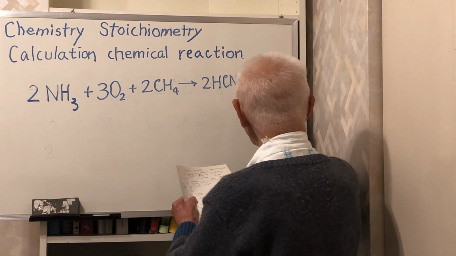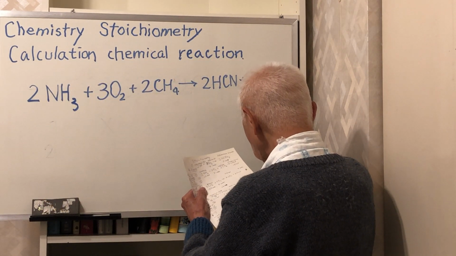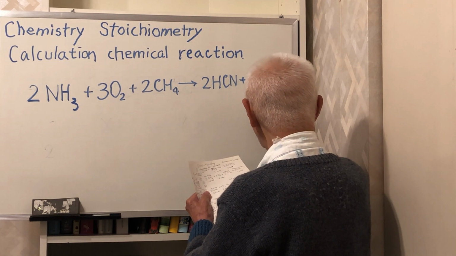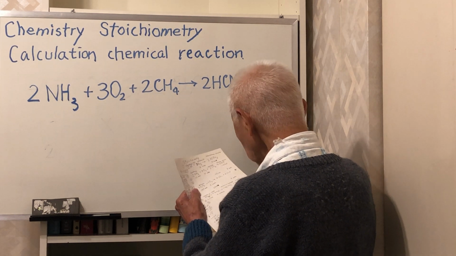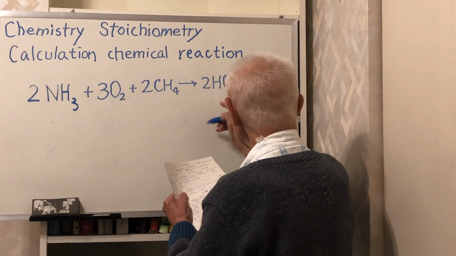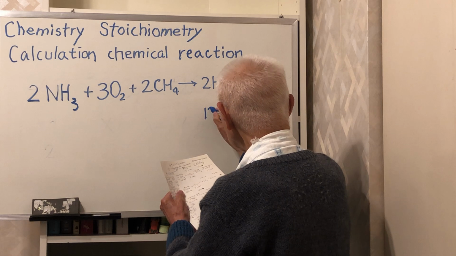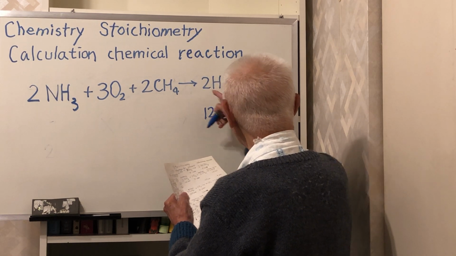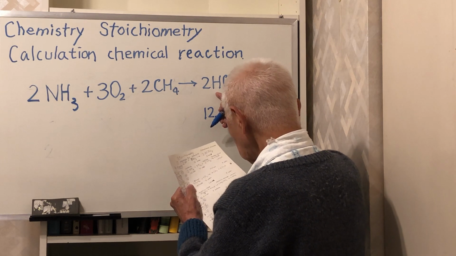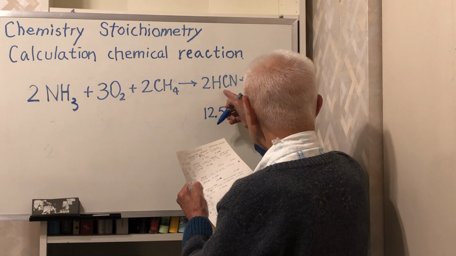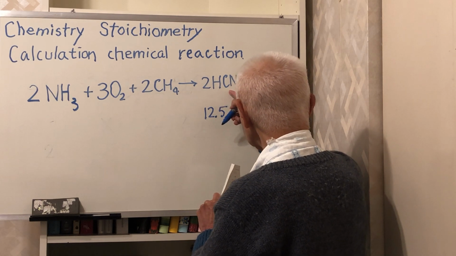How many moles of water will we generate if we want to produce 12.5 moles of hydrogen cyanide?